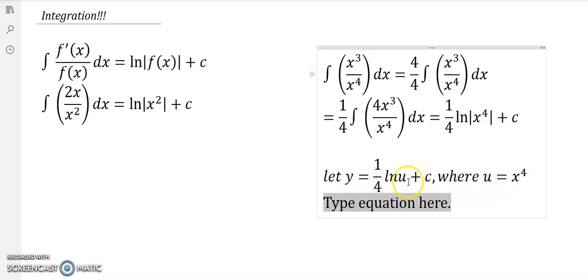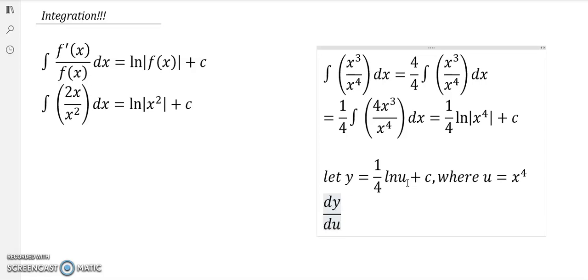The derivative of this one with respect to the variable u is dy over du equal to 1 over 4 is constant, and to derive ln, we have this form: u prime divided by u, just like that. And the derivative of a constant is 0, remember?